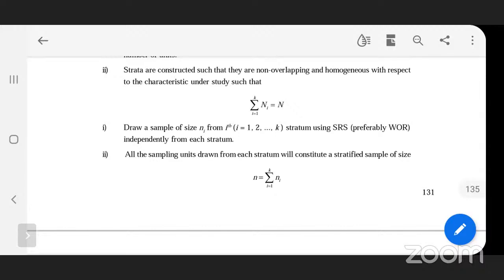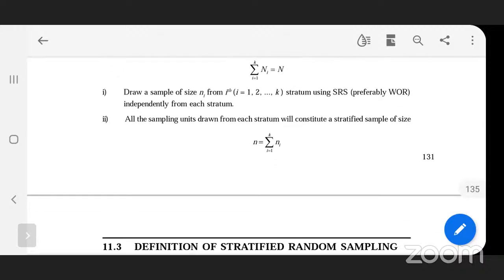It is simple random sampling that is preferred: when we divide into strata, after that in each individual stratum we can apply simple random sampling with the same procedure. That is the stratified random sampling procedure.